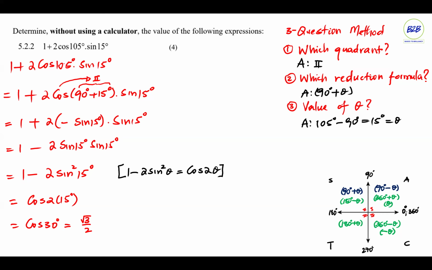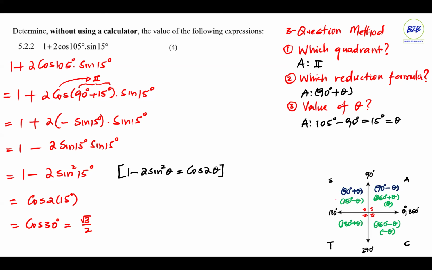In this case, we asked ourselves, where is 105 degrees, or which quadrant contains 105 degrees? We discovered that it is the second quadrant. Then we asked ourselves, which reduction formula is in the second quadrant? There is obviously 180 plus theta. There is also the 180 degrees minus theta.